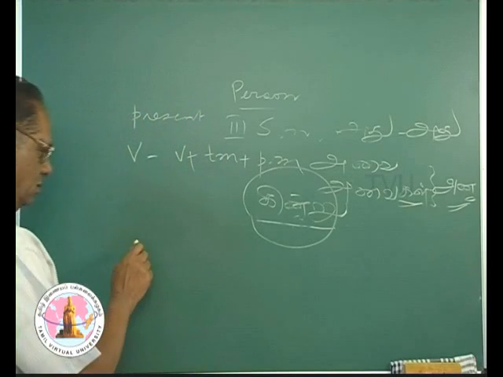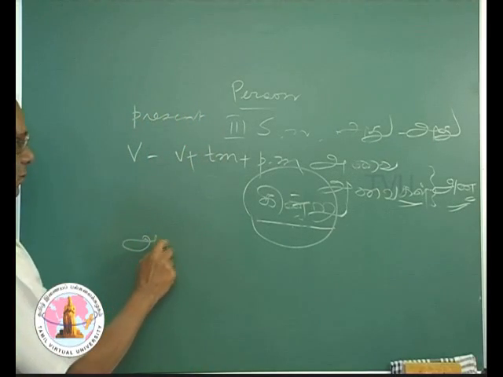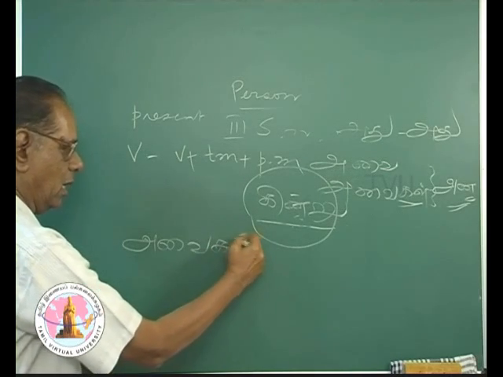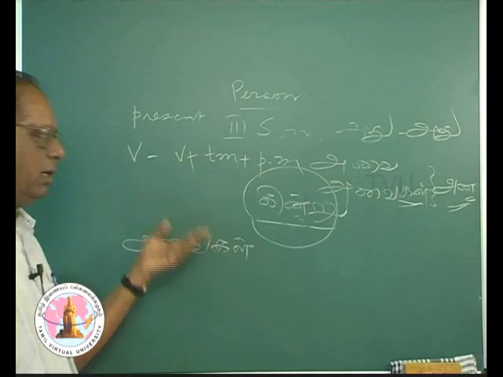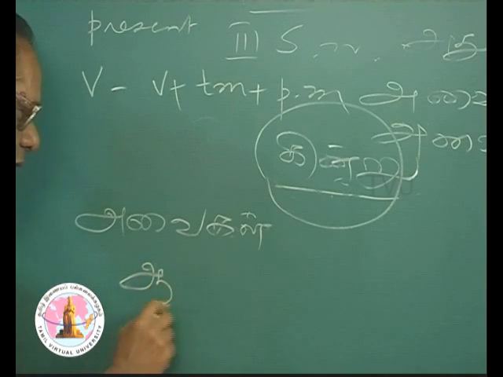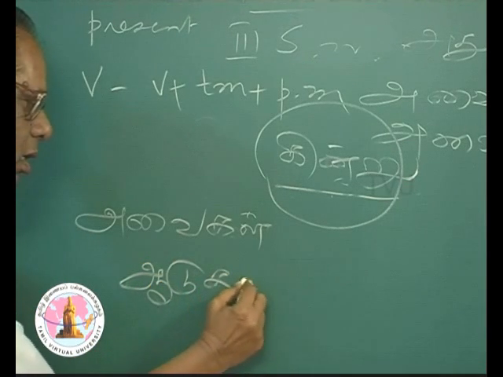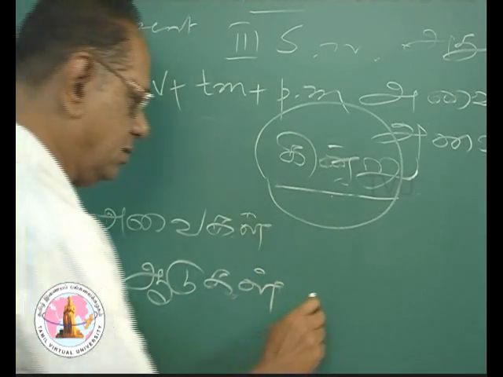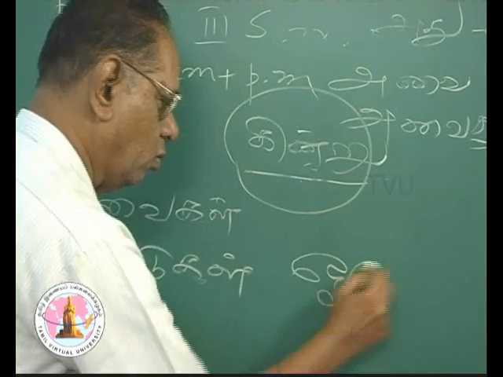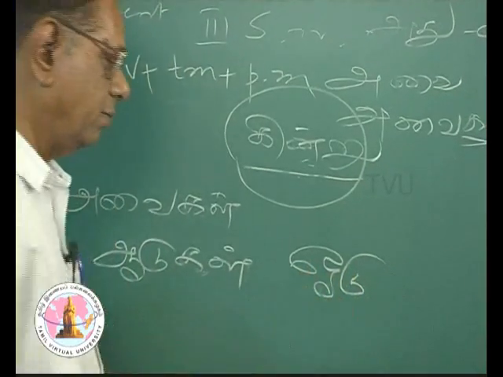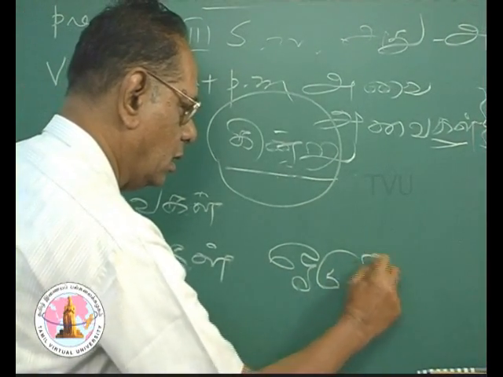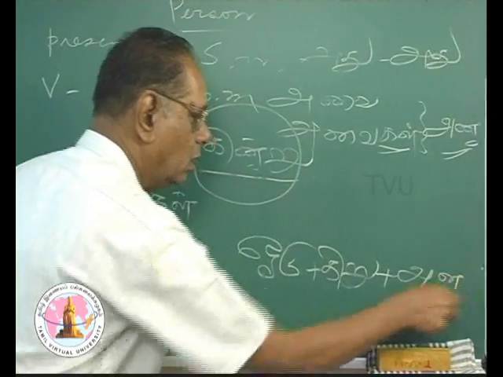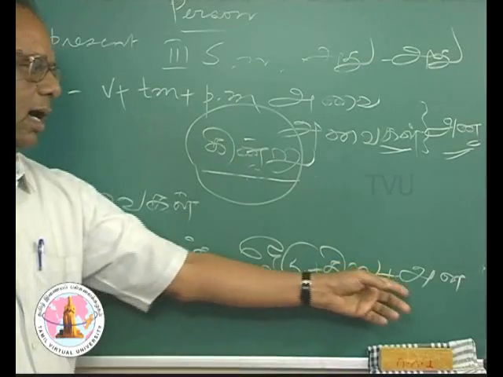Otherwise, what happens? Avaigal, I will replace it with some other noun. Aadugal, let us say, odu. Odu is to run. Odu, kiru, ana.